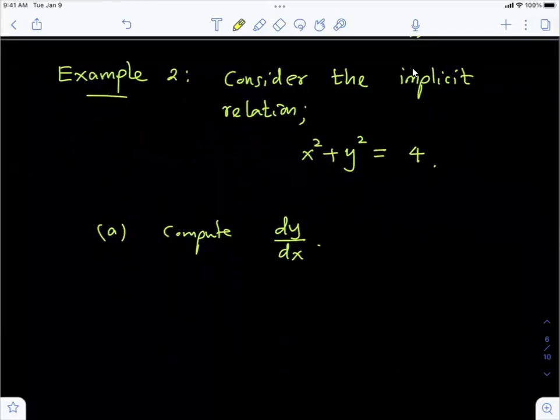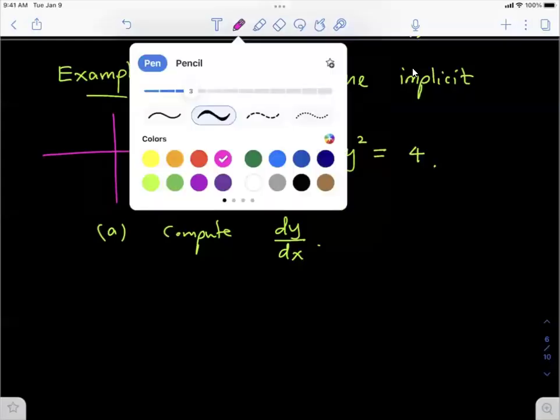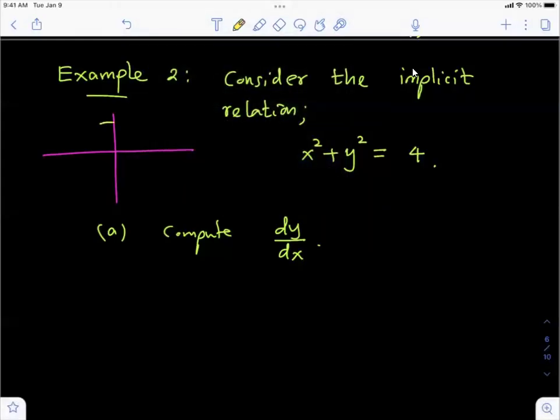Consider the implicit relation given by x squared plus y squared equals 4. Do you recall the geometry behind this picture? If you do not recall it well, you're missing something, because that is one of the best geometric shapes in mathematics.